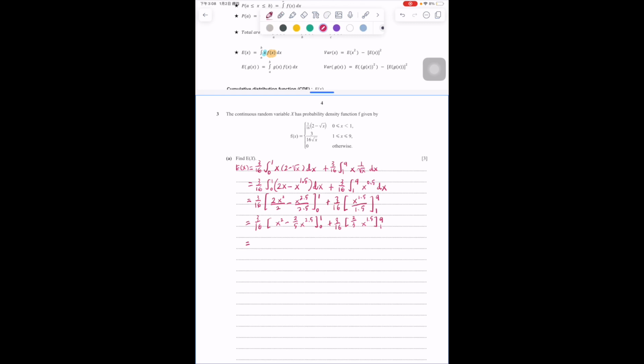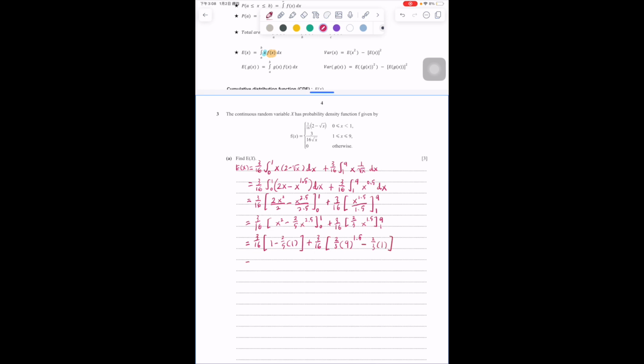So now we have 1 minus 2/5 times 1 minus 0 plus 0. So we can just make it look clear. And here we have 2/3, 9, and the index is 1.5, minus again 2/3 and then 1 here.